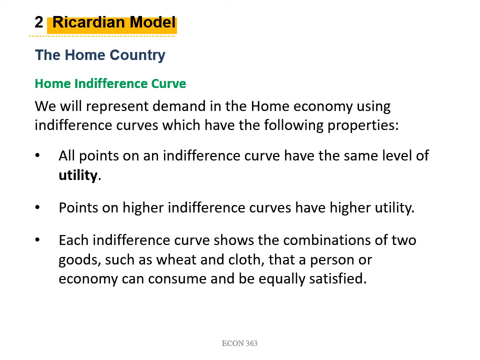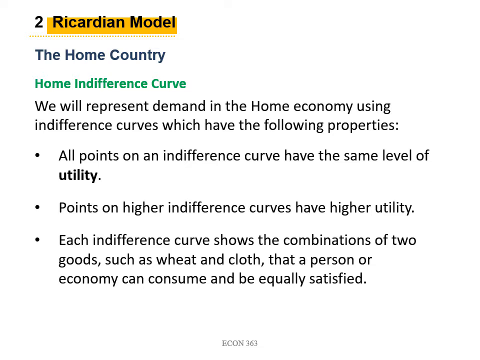And when building the model, in order to figure out what's the optimum thing for a country to do, you have to have some information about preferences, right? If nobody ever wanted cloth and all people wanted to do was eat wheat, that would give you one result. If they wanted only cloth and no one wanted to eat wheat, that would give you a different result for the desirable equilibrium.